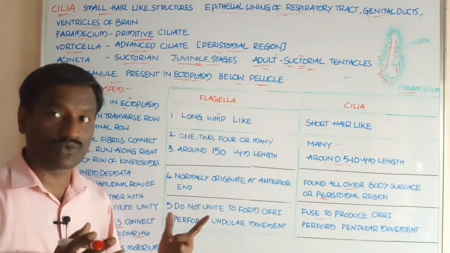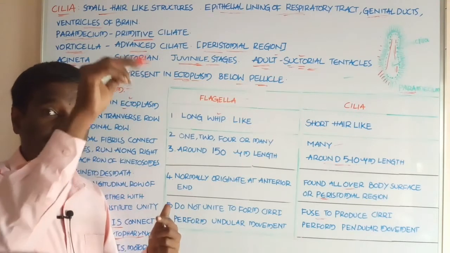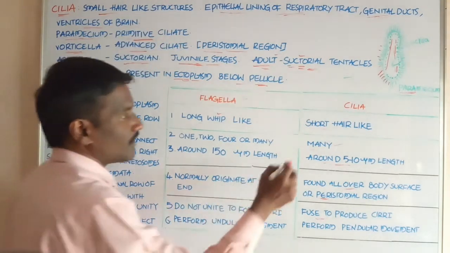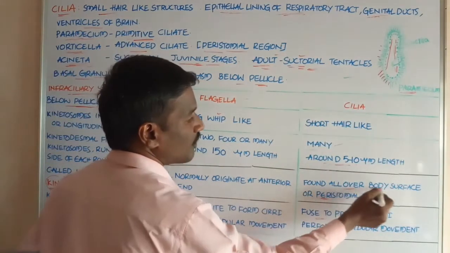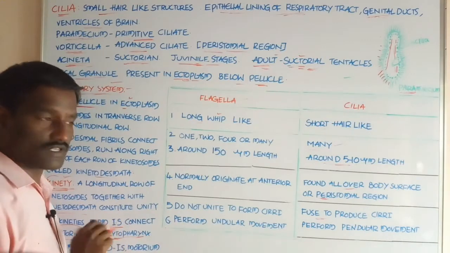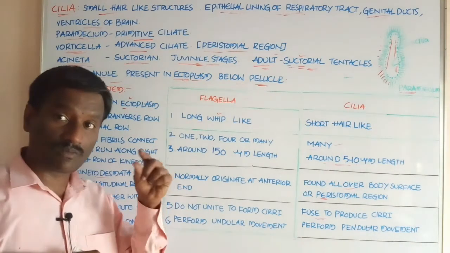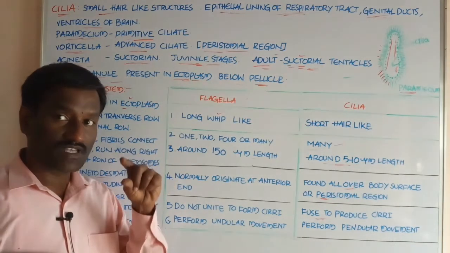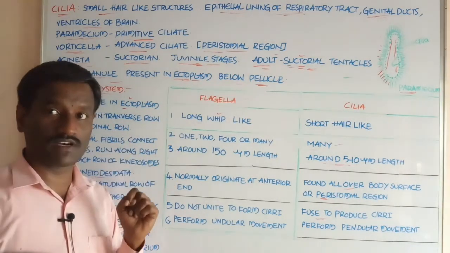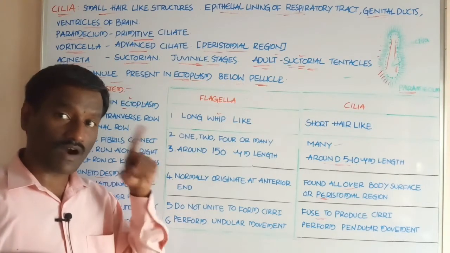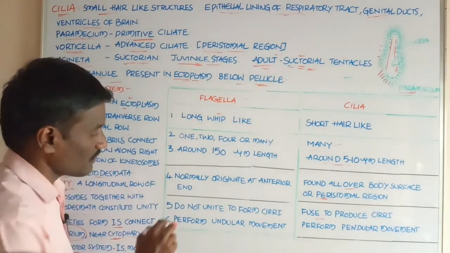Cilia are found all over the body surface and also in the peristomial region. In Vorticella, cilia are present at the peristomial region; in Paramecium, the whole body surface is covered with cilia.